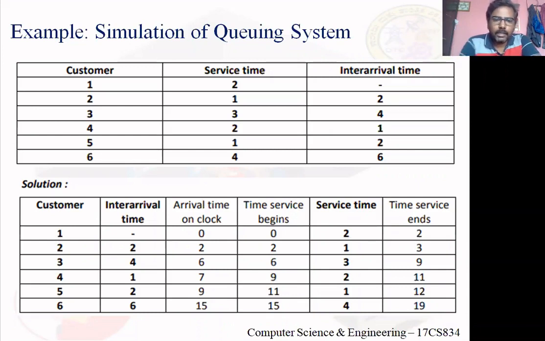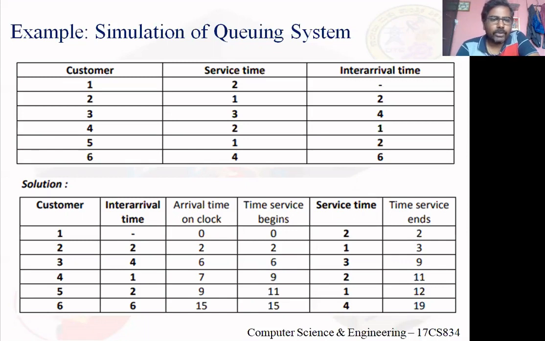When the third customer arrives at time 6, the server is idle, so his service begins immediately at time 6. The service time for the third customer is 3. Current time is 6, plus 3 minutes of service, so service will end at 9. Clear with this?